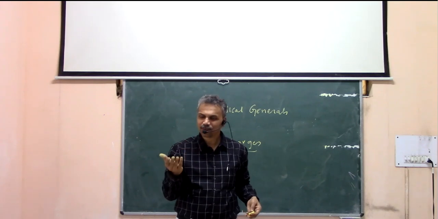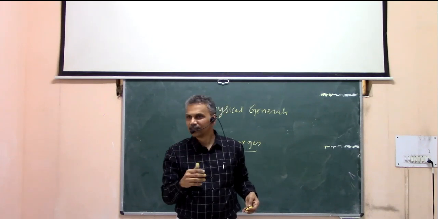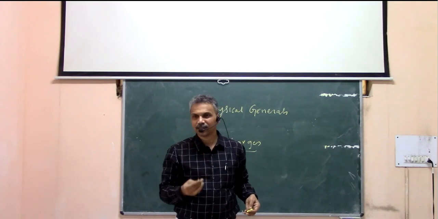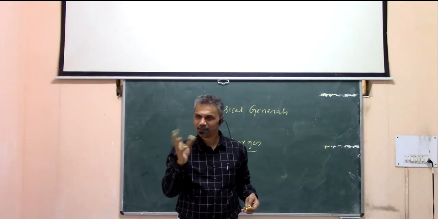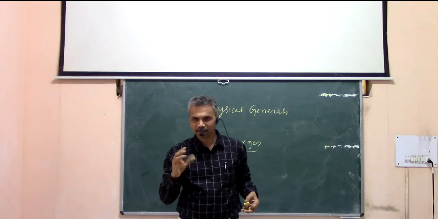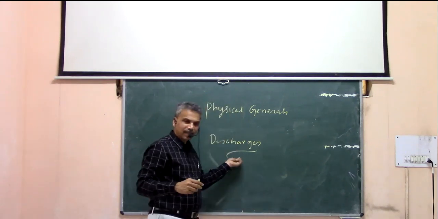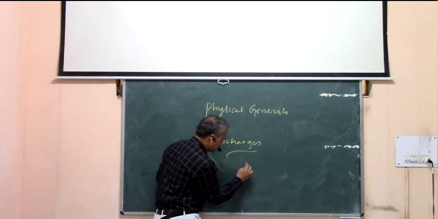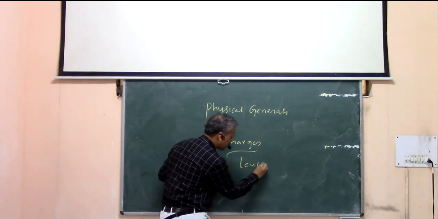You can think of creosote, you can think of arsenic, or you can also think of mercurius, carbo veg. Good. Asafoetida, they are offensive discharges. Okay. So discharges, and after discharges, even many of the noble metals have leucorrhea.